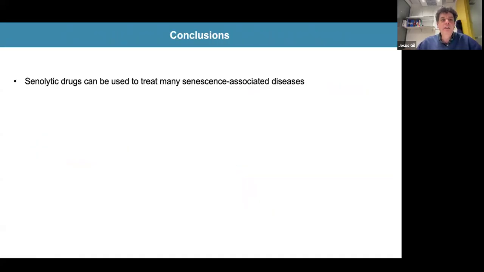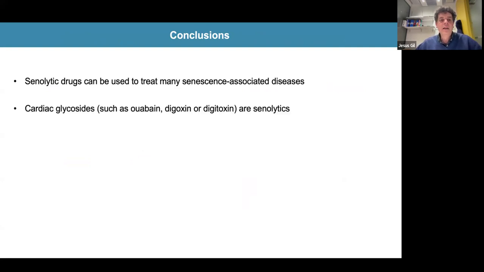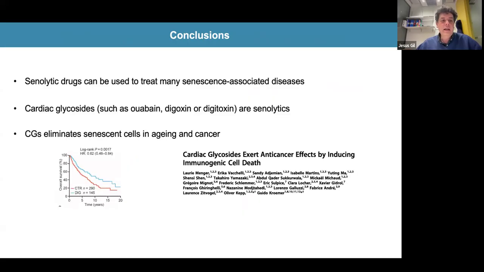Just recapping here, senolytic drugs can be used to treat many senescence-associated diseases. Cardiac glycosides such as ouabain or digoxin are senolytics, and cardiac glycosides eliminate senescent cells in aging and cancer. And this is an example from a retrospective analysis of patients that have been treated with digoxin because they have cardiac problems and later develop cancers.